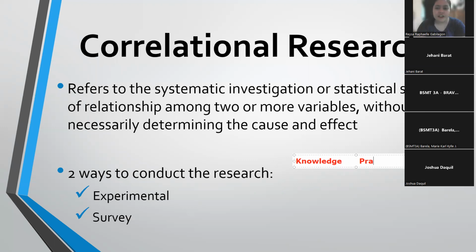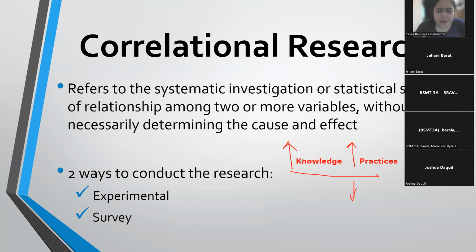Descriptive correlational. Descriptive siya kasi we're going to describe the knowledge, the practices, the attitude of the respondents sa pag-dispose ng waste. Pero correlational din siya kasi at the end, example, they correlate knowledge and practices. Example, i-check nila kung mataas ba ang knowledge class sa pag-dispose ng waste, mataas din ba ang practices or the other way around.